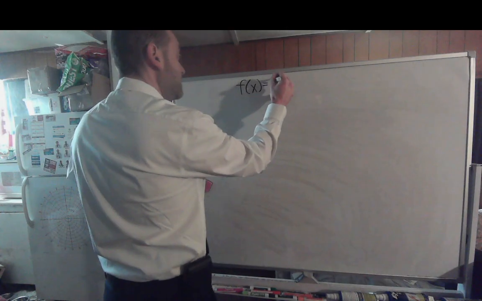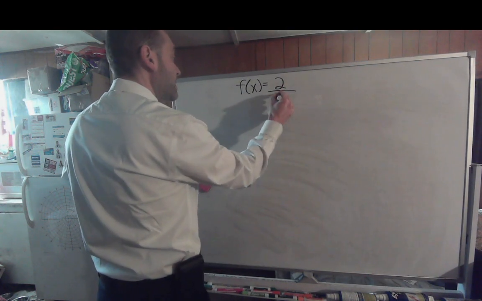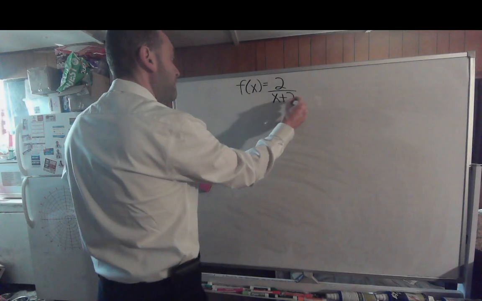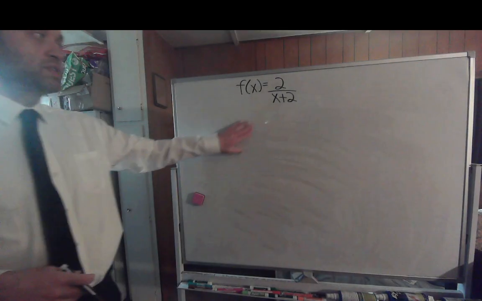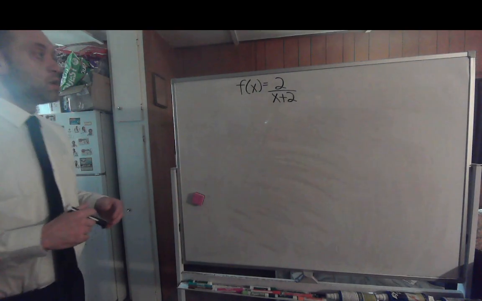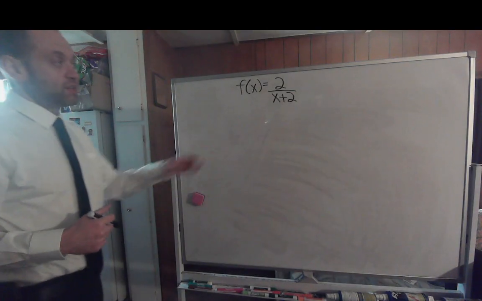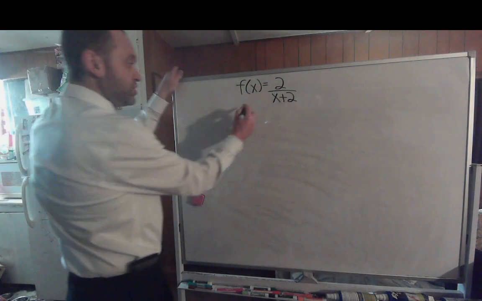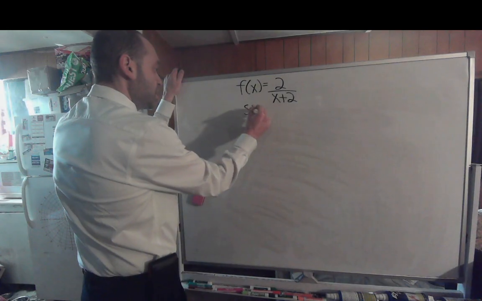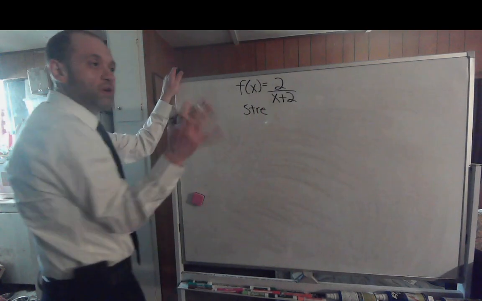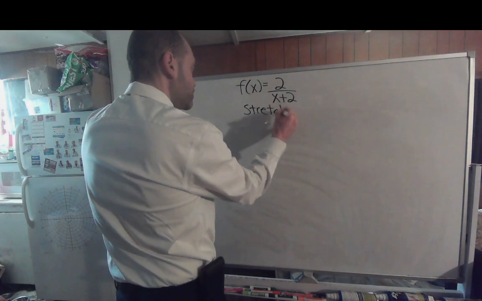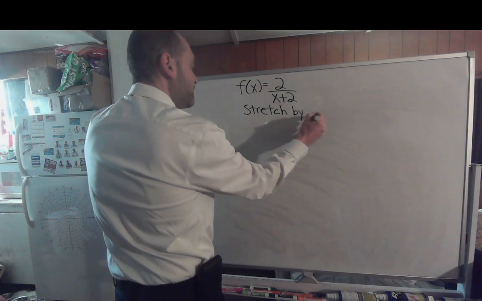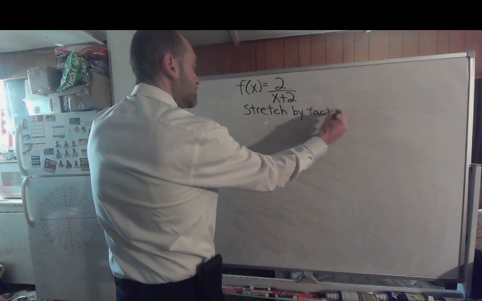f of x equals 2 over x plus 2. Okay. Well, we definitely have a stretching factor of 2, right? So you're stretching the original f of x equals 1 over x by 2, so it's stretched by a factor of 2.